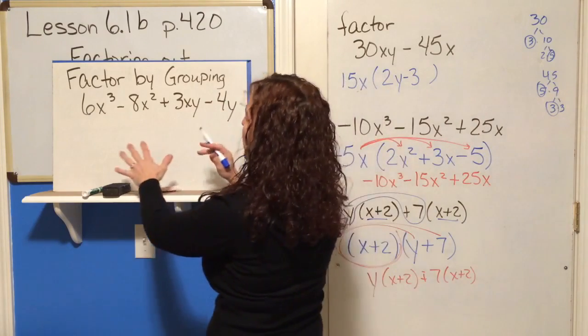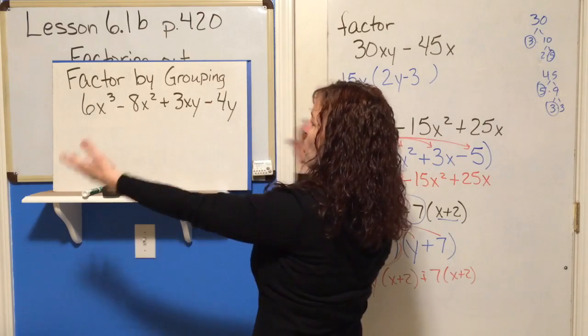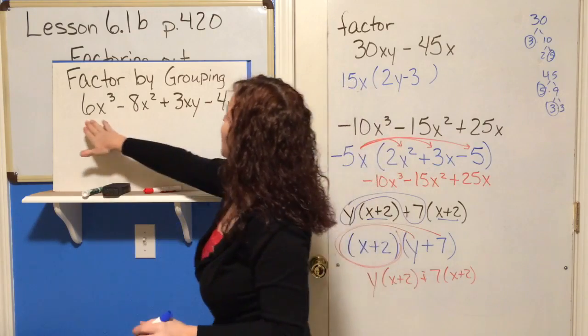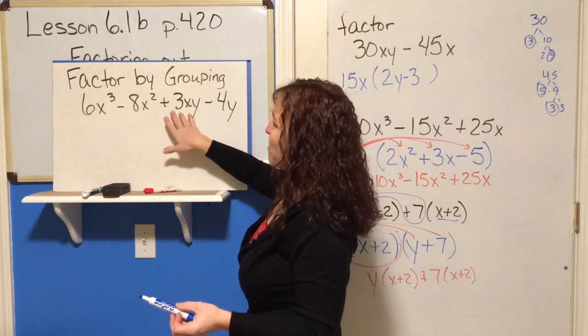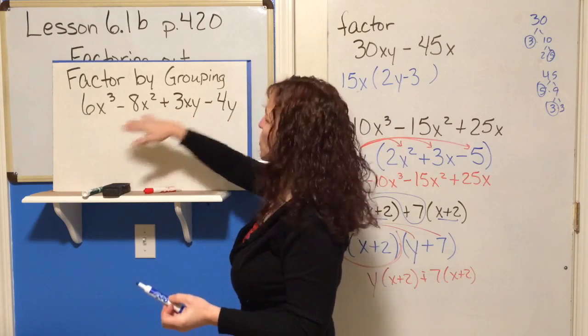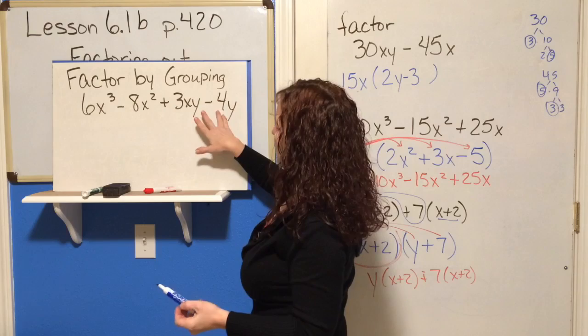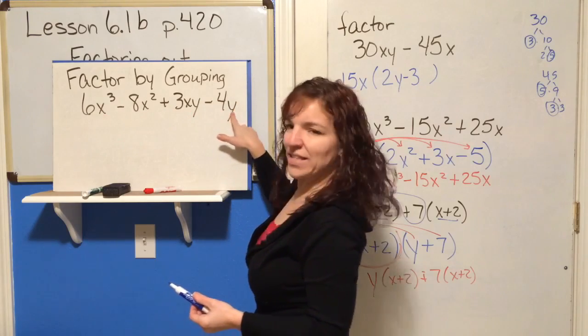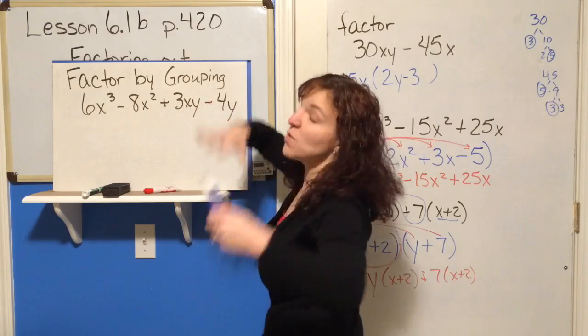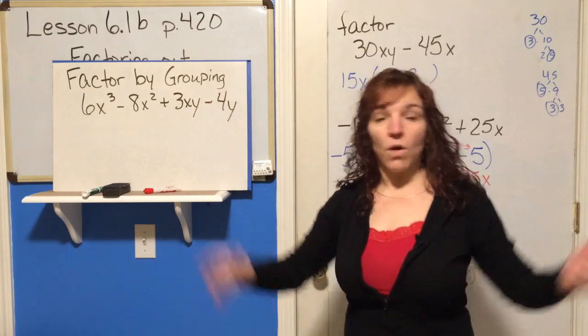I'm going to say, well, I don't know. There's nothing in common. 6, 8, 3, and 4. 3 is prime, and it won't go into 8. So there's nothing in common with our constants. We've got x's. There's no x here, and we don't have y's and everything. So nothing is in common. So are you just done?